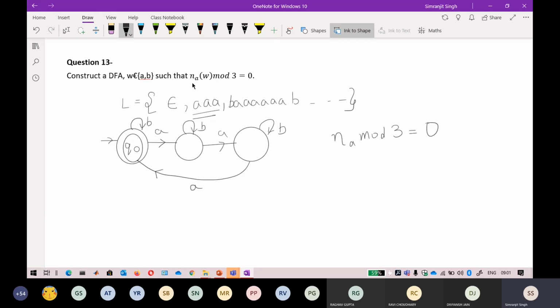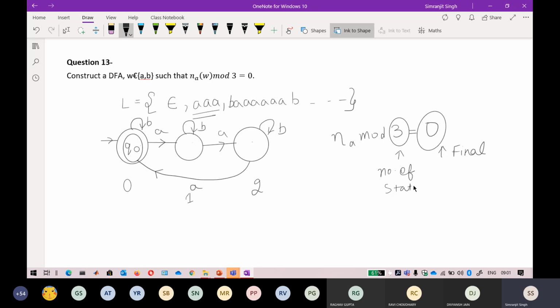If you see this question where the number of A's in W mod 3 equals 0, you will find the number of states is 3. So the number of states are 1, 2 and 3, and the final state is the 0th. This is the 0th state, this is the 1st state, and this is the 2nd state. So the 0th state is final here, and these are the total number of states.